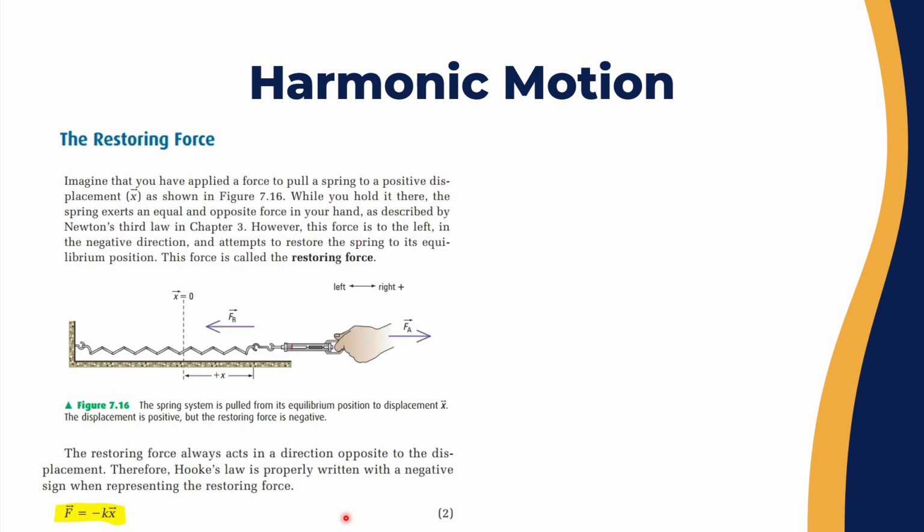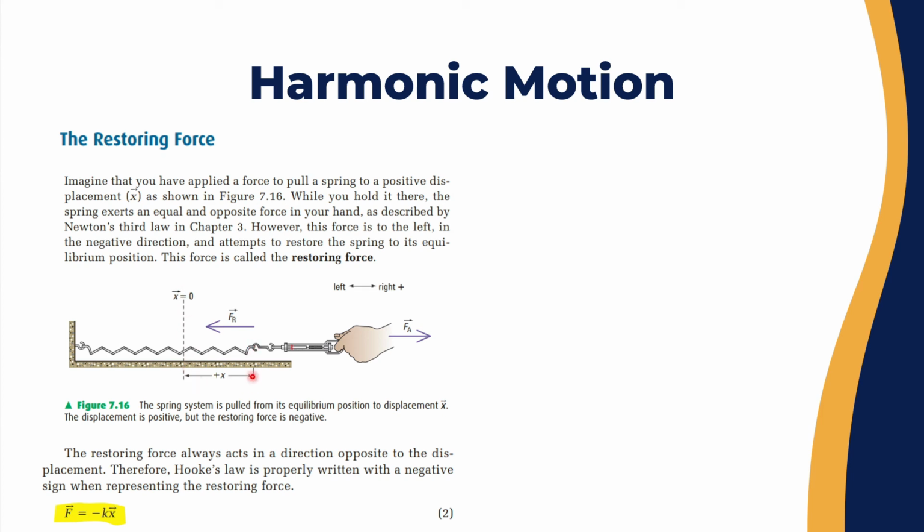There is something called the restoring force. If you have a spring, you can push it and squeeze it, and you can pull it and extend it as well. When you pull it, that is called the restoring force. In this case, we have Fa pulling the spring away. We have a Newton's scale that's telling you how much force you are using to pull the spring. And you have the F return. And you have the initial displacement starting here.